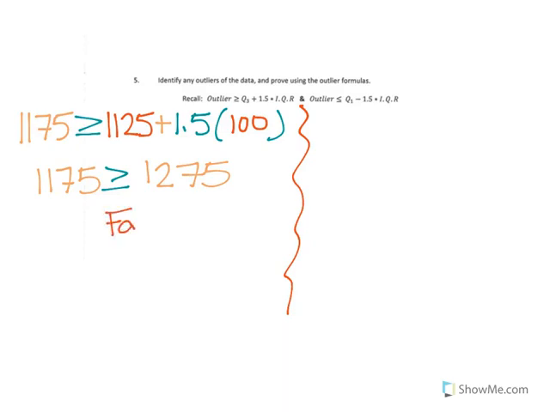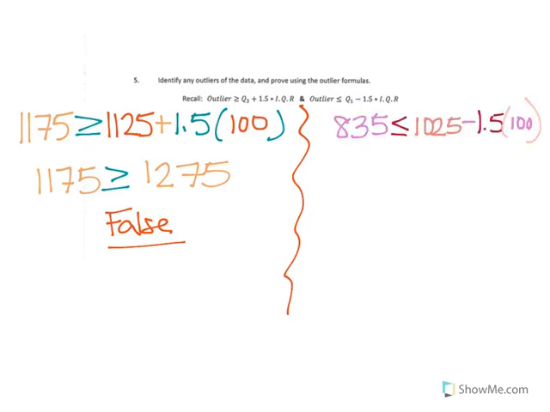And this is false, so far no outliers. And for the lower outlier test, you should end up with 835 is less than or equal to 875, and that is true.